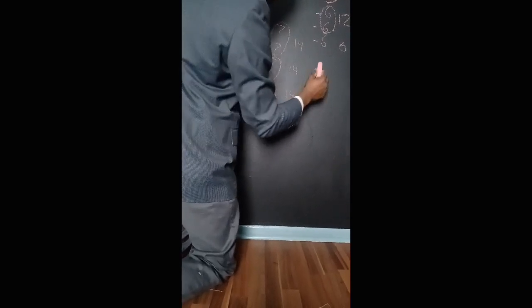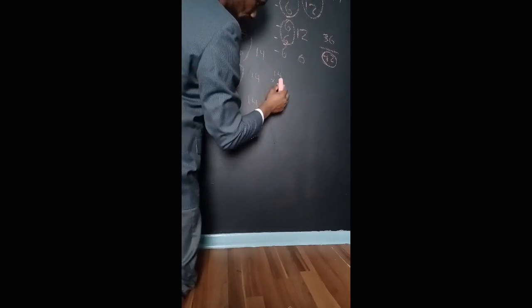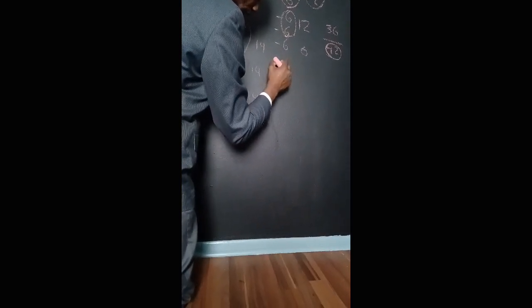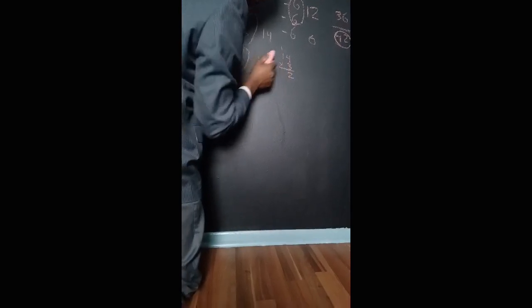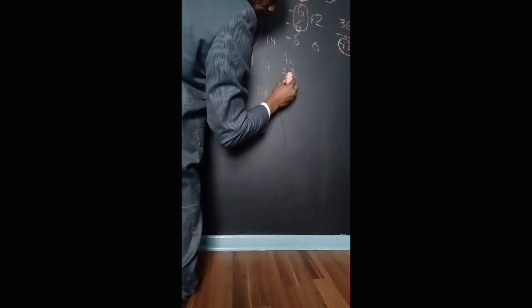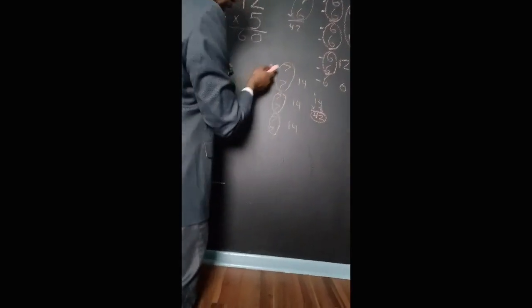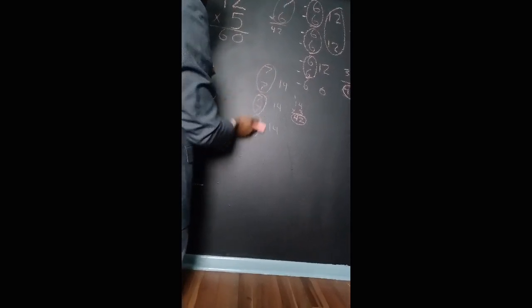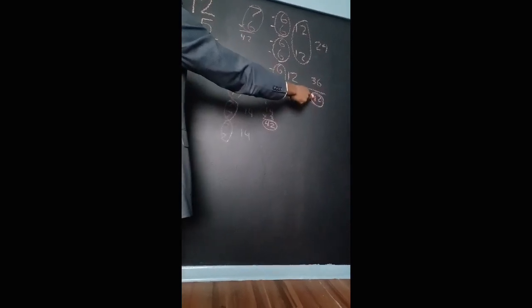So another way of saying 14 times 3, 1, 2, 3 groups, is 3 times 4 is 12. Carry the 1. 3 times 1 is 3, plus carried 1 is 4. 42. And that's why. So either way, whether you have 6 sevens or 7 sixes, it still equals 42.